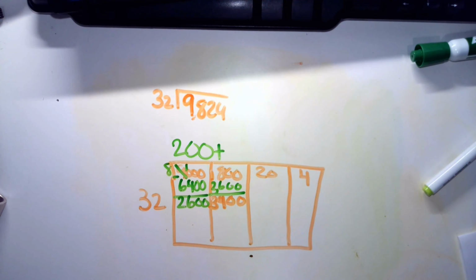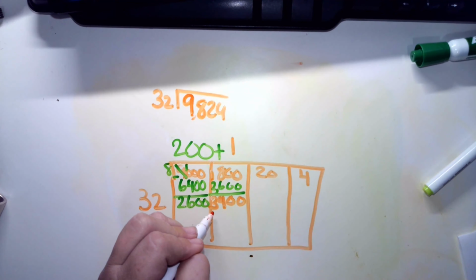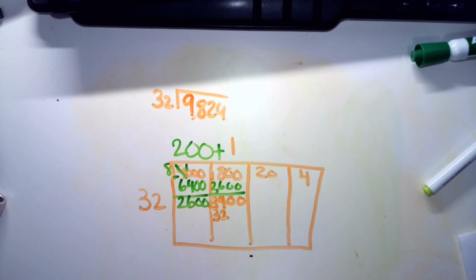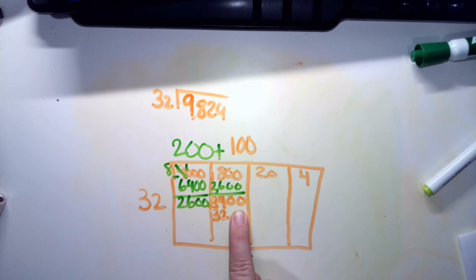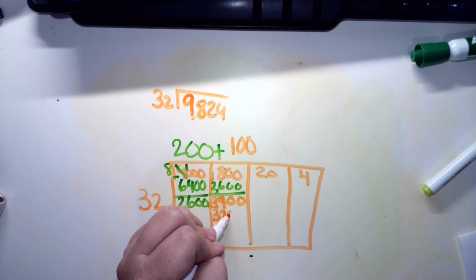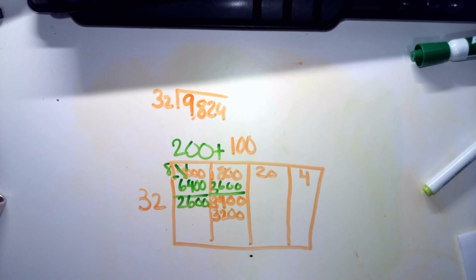Again, I want to see how many times I can get 32 in there, but I'm going to break it up a little bit to help me. 32 cannot go into 3, but it can go into 34 one time. Okay. 1 times 32 is 32, and I'm missing these 2 zeros, so really 32 times 100 is 3,200.